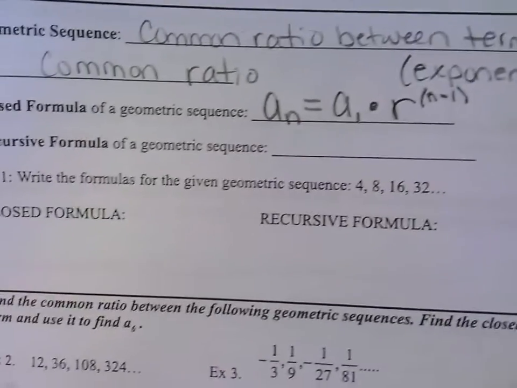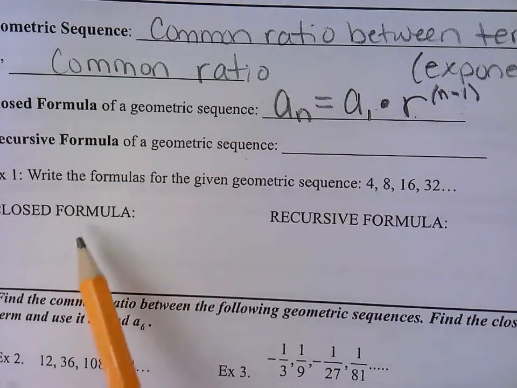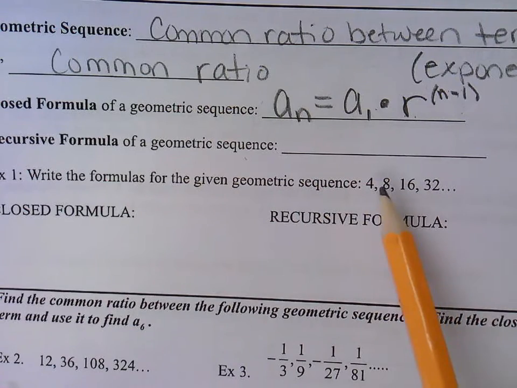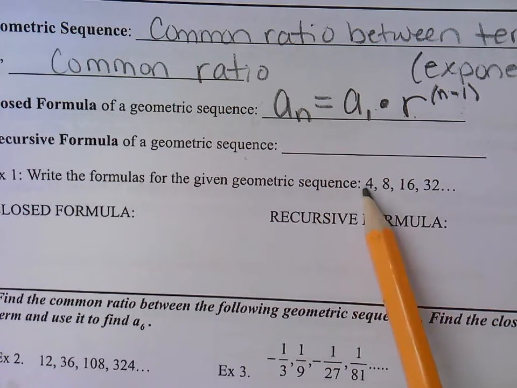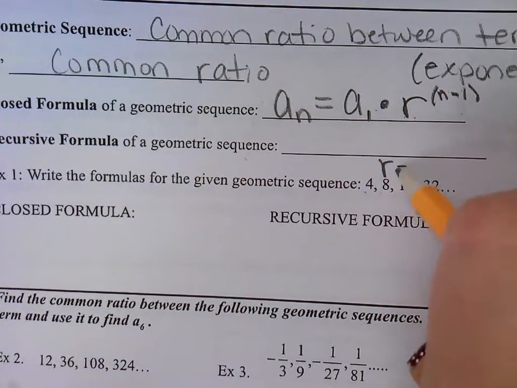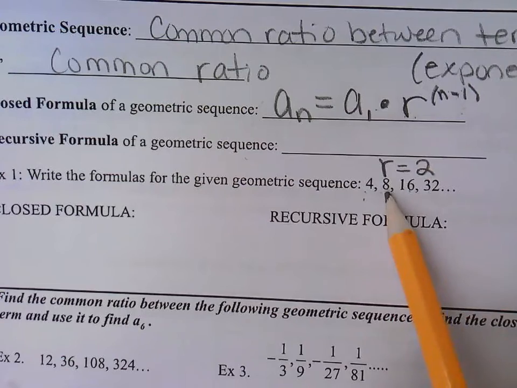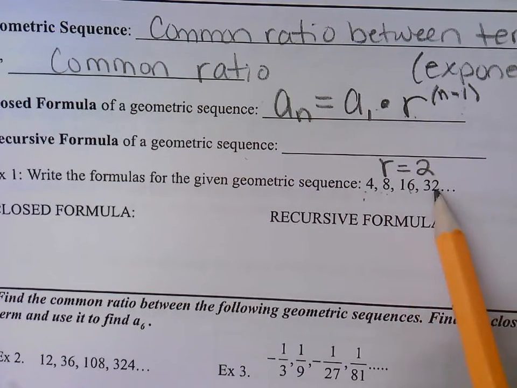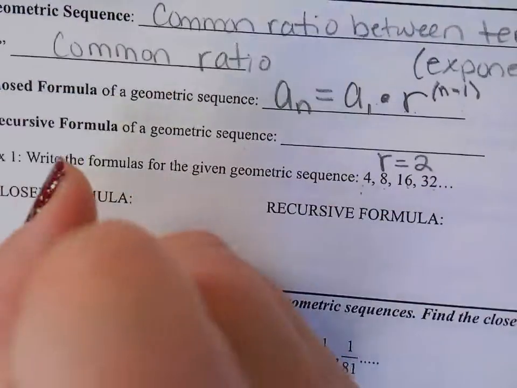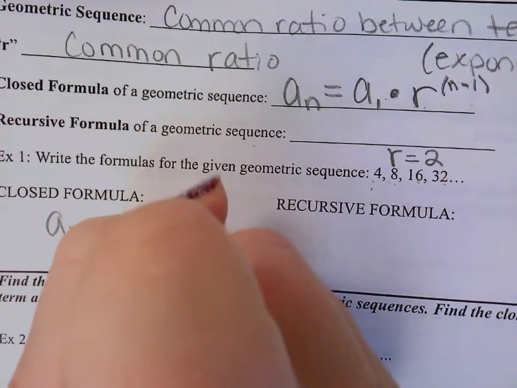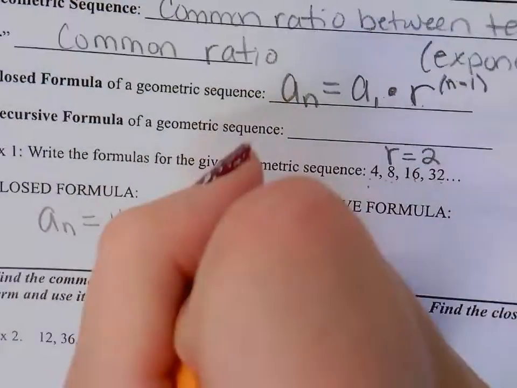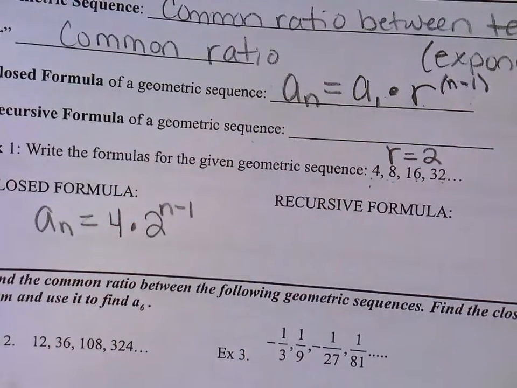So if we were going to jump down and do a closed formula for example 1, what is this being multiplied by each time? 4, 8, 16, 32. r is 2, right? 4 times 2 is 8, times 2 is 16, times 2 is 32. So to write out my closed formula, I'm starting at 4, and I'm multiplying by 2, n minus 1 times.